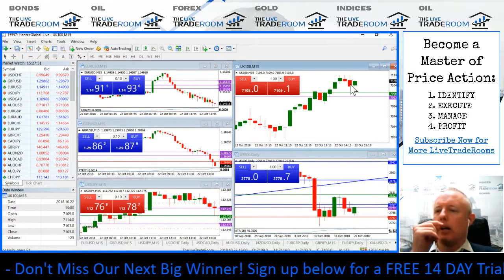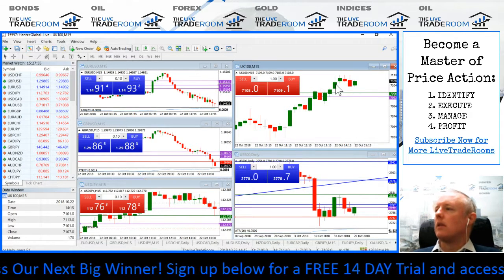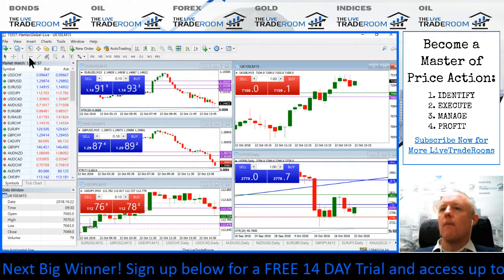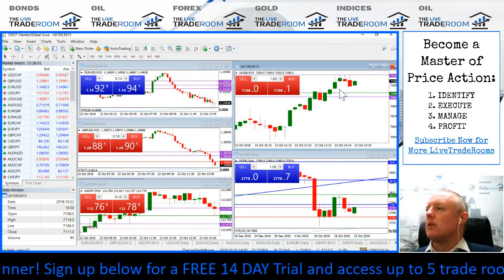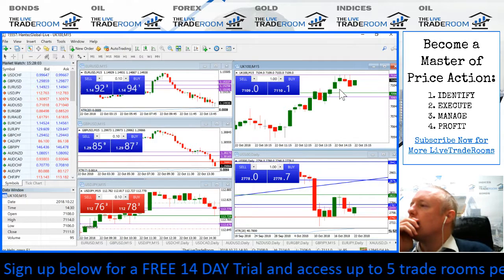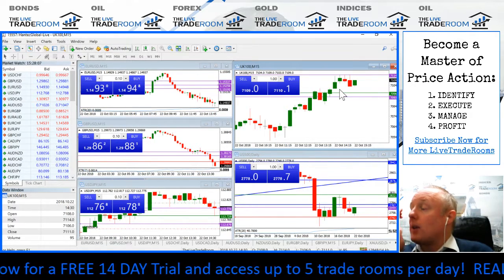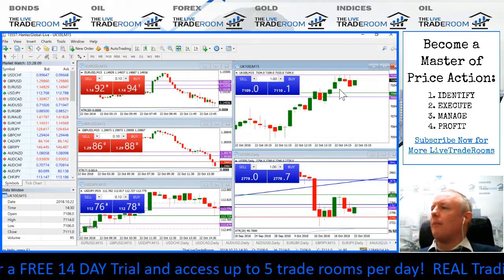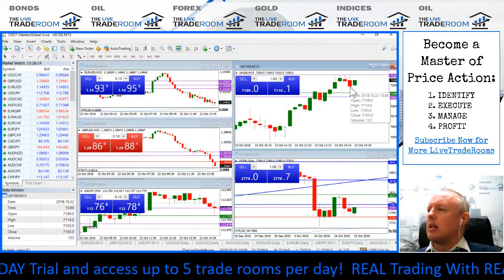The low of this market is the 7103. If we get a close above 71.14, we could maybe look at this low here as a potential stop loss.